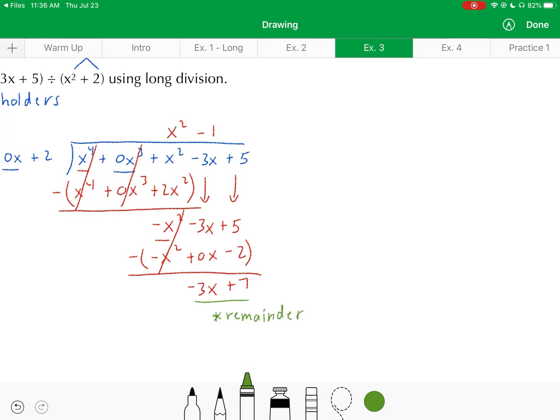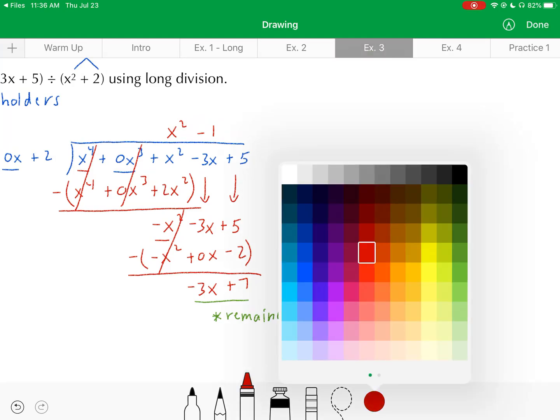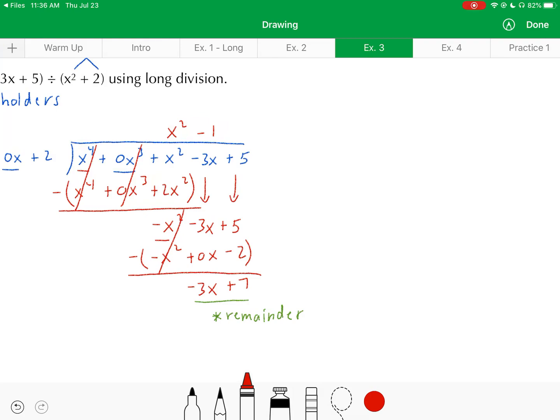And you're going to use the remainder the same way we would for long division of real numbers. So I'm going to go up to the quotient, and I'm going to add on my remainder over my original divisor. So in the end, this is my quotient, this whole expression here.